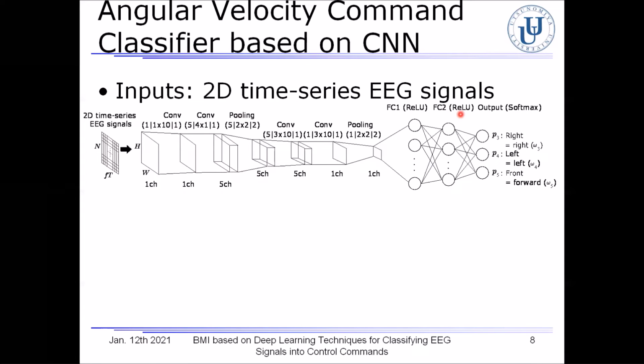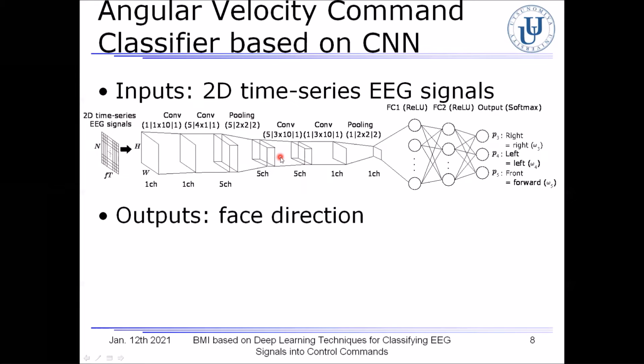The output layer consists of three nodes corresponding to the right, left, and front face directions. In the output layer, the softmax activation function is applied to each node in order to compute the probabilities P3, P4, and P5.